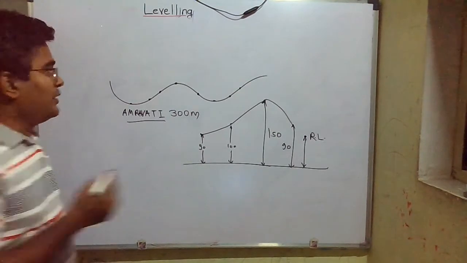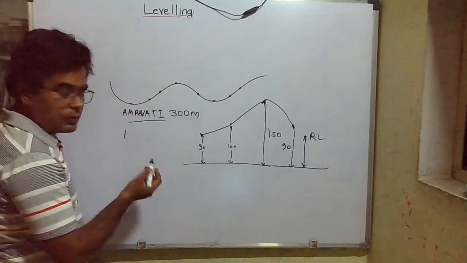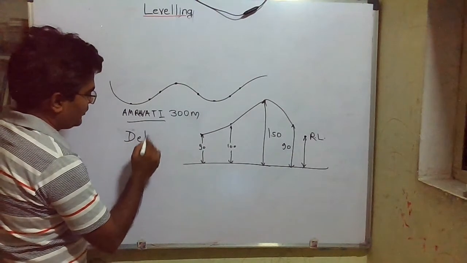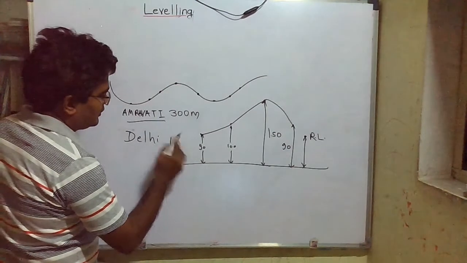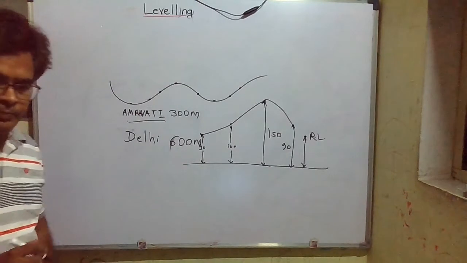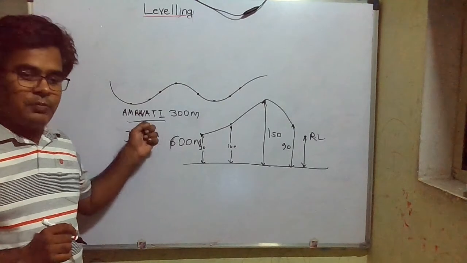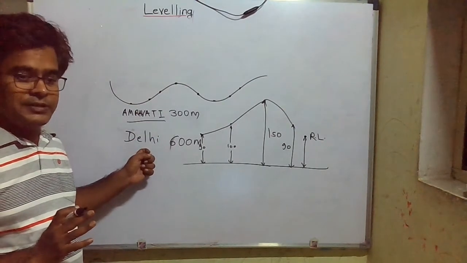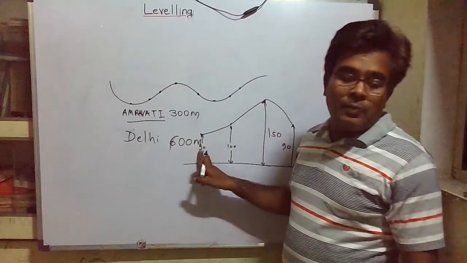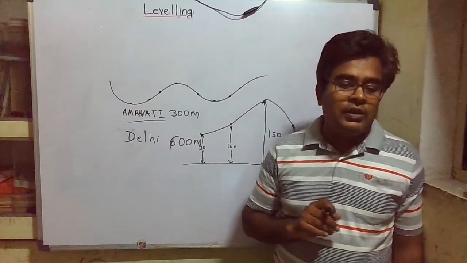And suppose some point in another town, say Delhi, is at 600 meter RL. Then you can say that Delhi is at a higher elevation than Amravati. This is an example I am telling you. From this RL we come to know which point is higher and which is lower. Then what is the need of this?